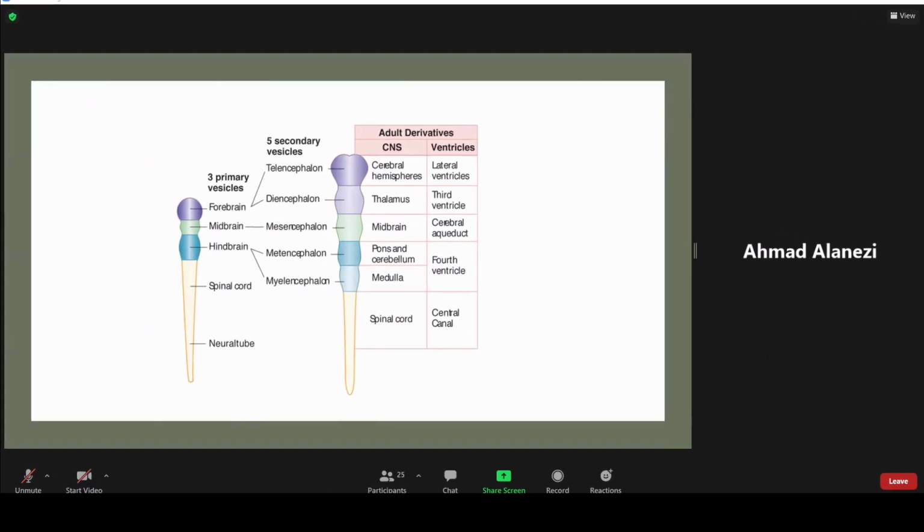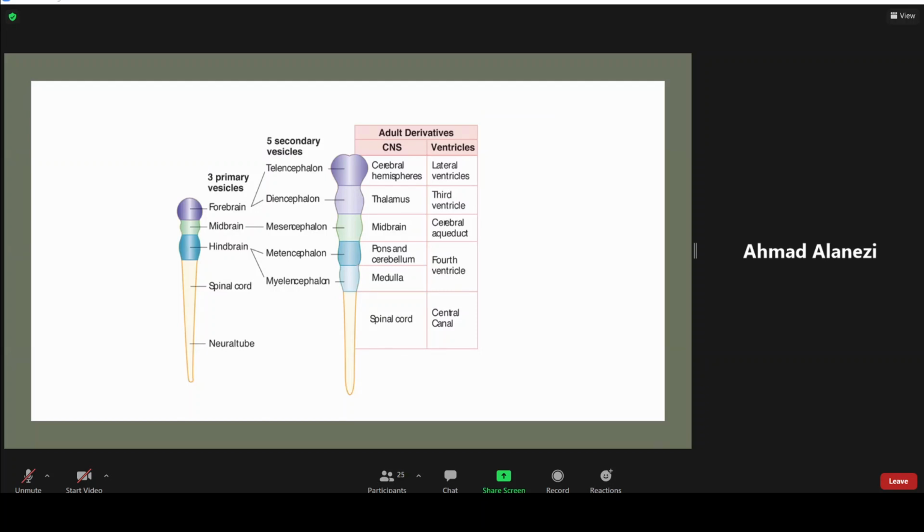To also remind you about the embryology of the central nervous system. If you remember from the previous lecture, we explained that the nervous system origin is actually from ectoderm.